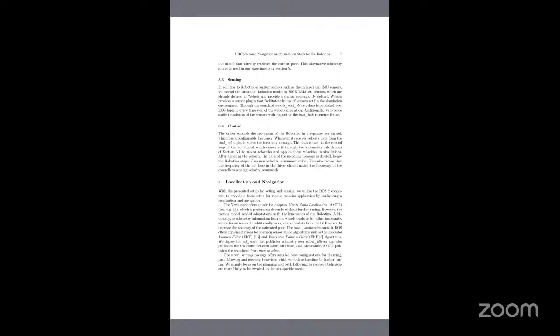So previously they are saying that during the simulation, odometry was not correct, right? Because of wheel slip as well as time discretization error. So because of that, they have added one GPS sensor, GPS.